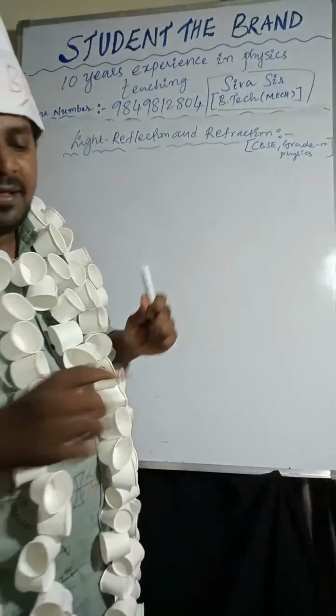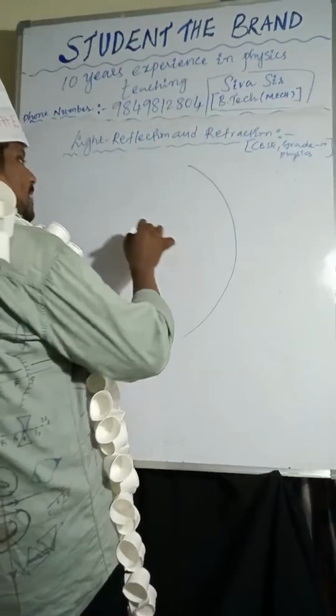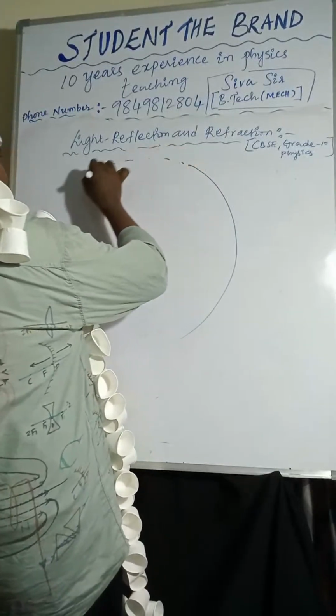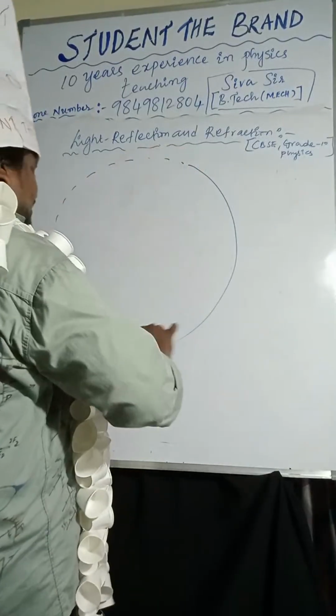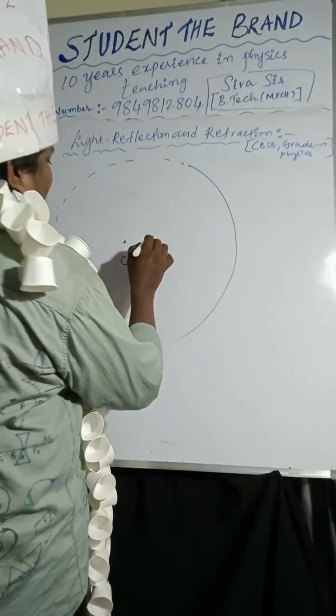So I'm taking this, the pole. This is the curvature. This is the sphere, and this is the center of the sphere.